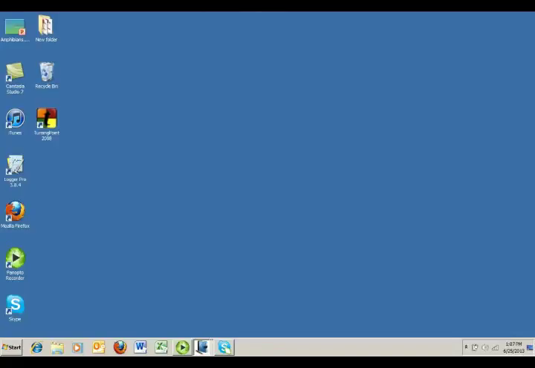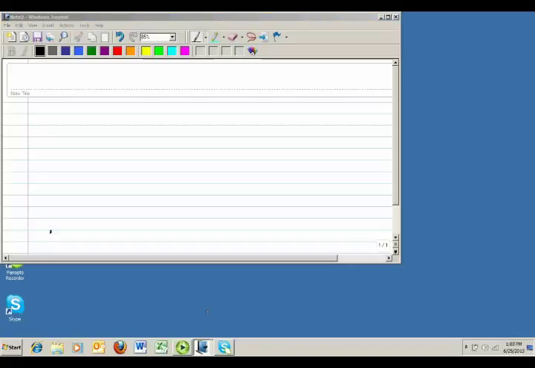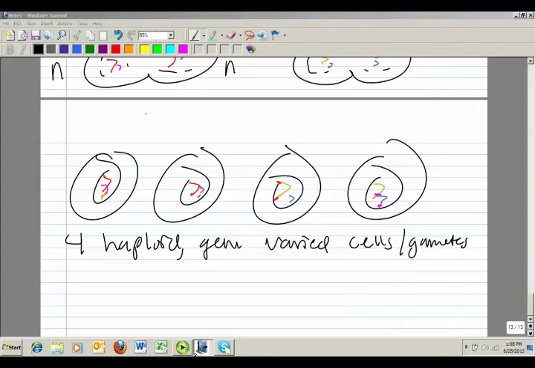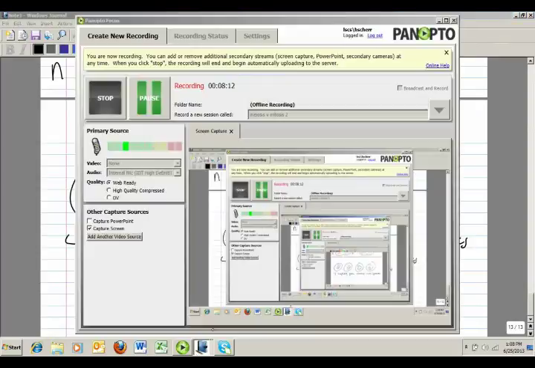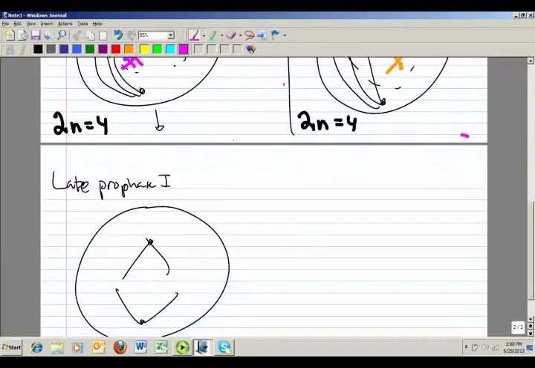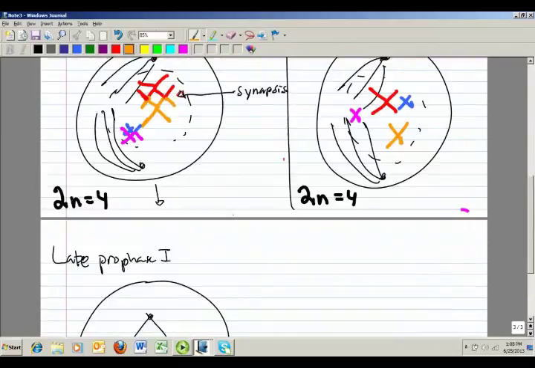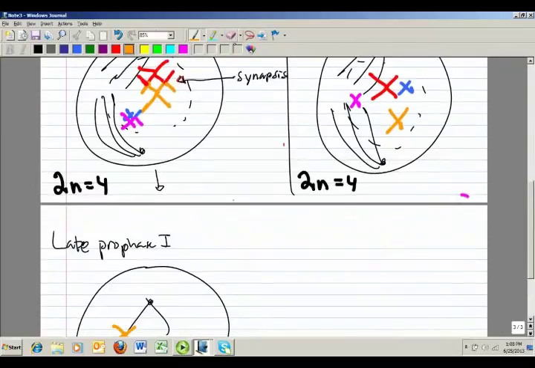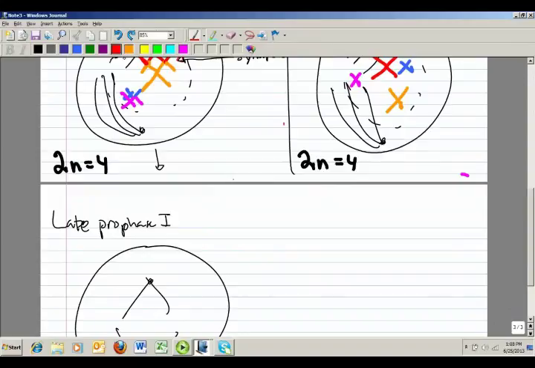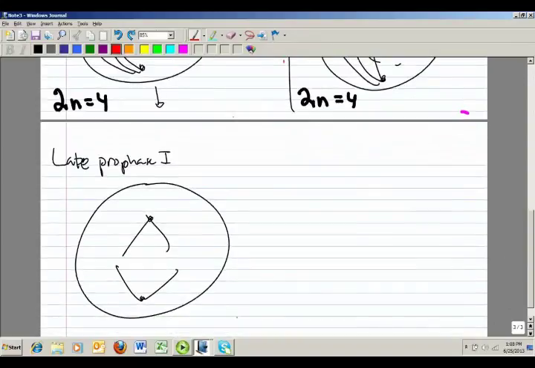Okay, so we have that. And so that's prophase. They're going to stay together with their crossed over parts and be attached to these spindle poles. So let's actually draw this one here. They're lining up with their homolog, still in synapsis, or still crossed over at least.